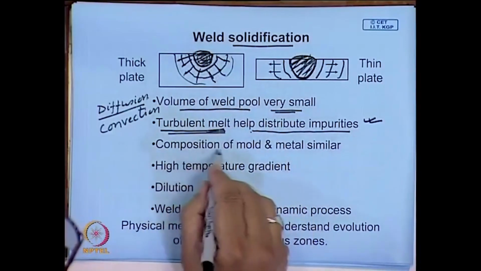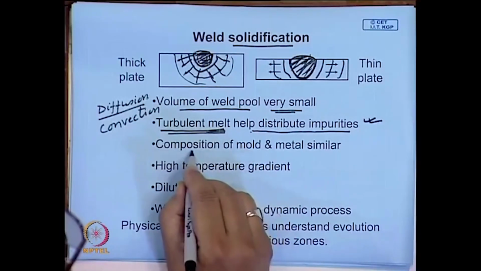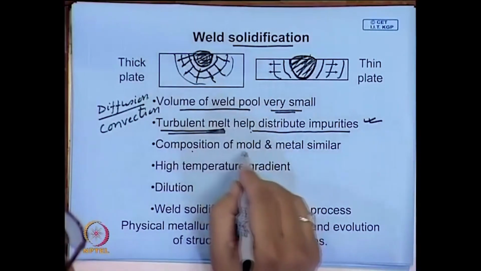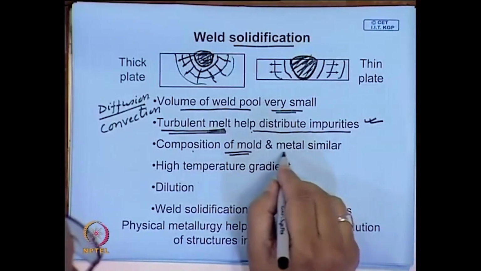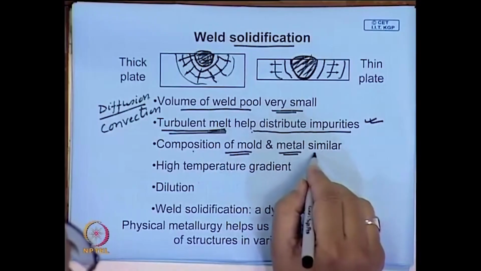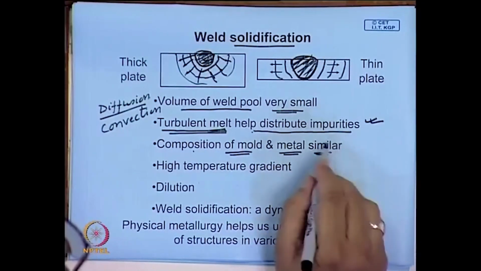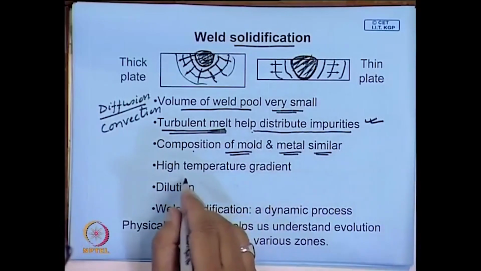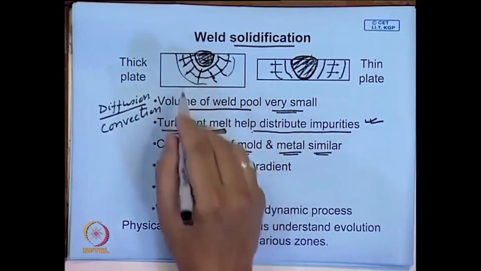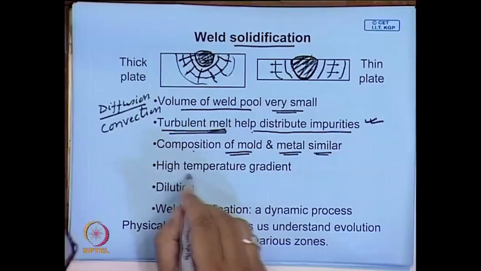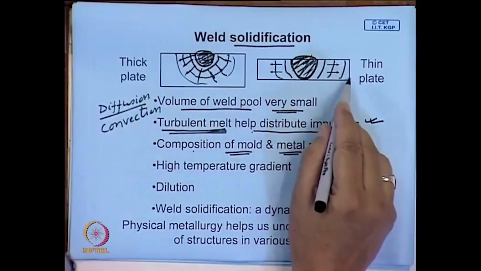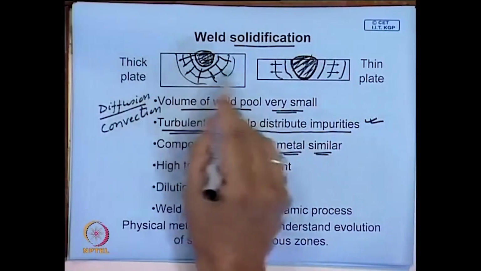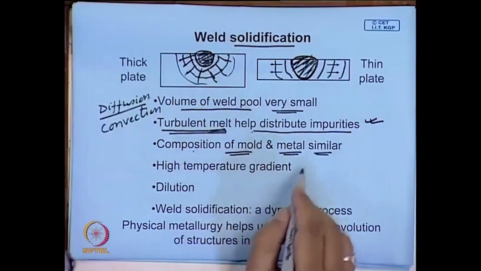structure. It will also depend on the composition of the mold. That is the metal which is being joined, and usually we use a similar metal as filler metal, so they have similar characteristics. The solidification in this case is also taking place under a high temperature gradient, because the mold is made of metal which has good conductivity, and in many cases may be at room temperature.